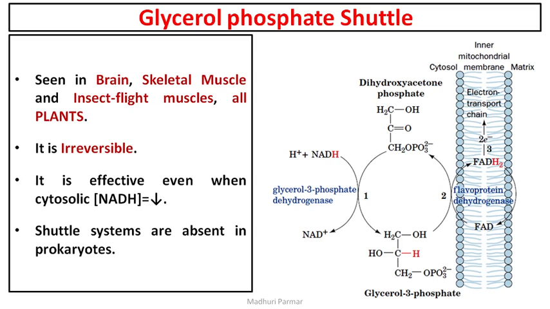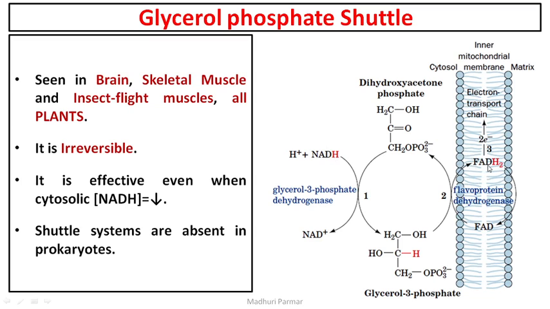Okay? The electrons will be passed through all the complexes, finally given to oxygen, and during this process, whatever protons are pumped out will be used by the ATP synthase to generate ATP. Clear? So one thing to remember in this shuttle, NADH is getting converted, or the electron from the NADH is getting converted into electron of FADH2.